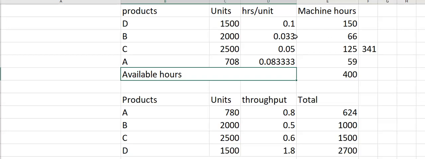So this is our production plan. We can say the company should produce 708 units of A, 2,000 units of B, 1,500 units of D, and 2,500 units of C to maximize throughput. Now the last question wants us to calculate the throughput accounting ratio.